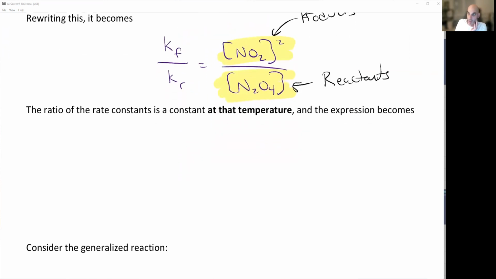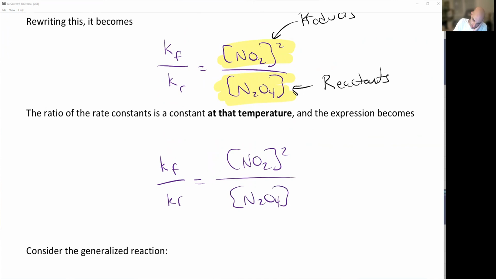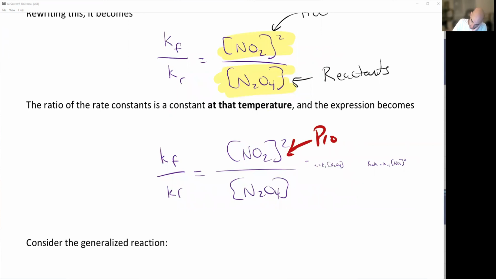And that's it. This is the final idea. Kf over Kr is equal to concentration of NO2 squared over concentration of N2O4. Again, this is products over reactants.